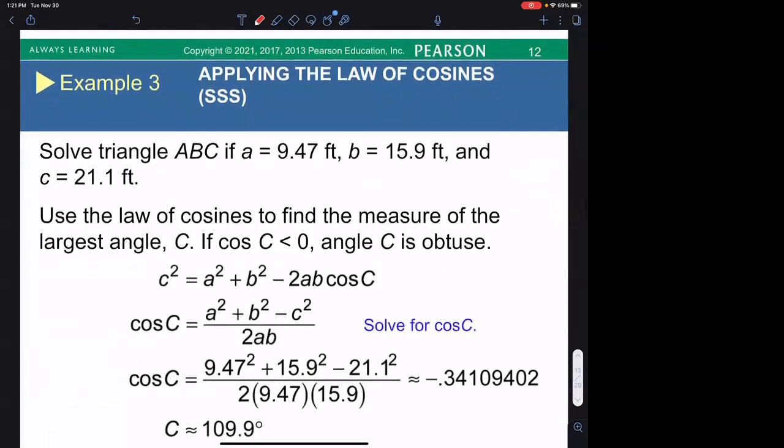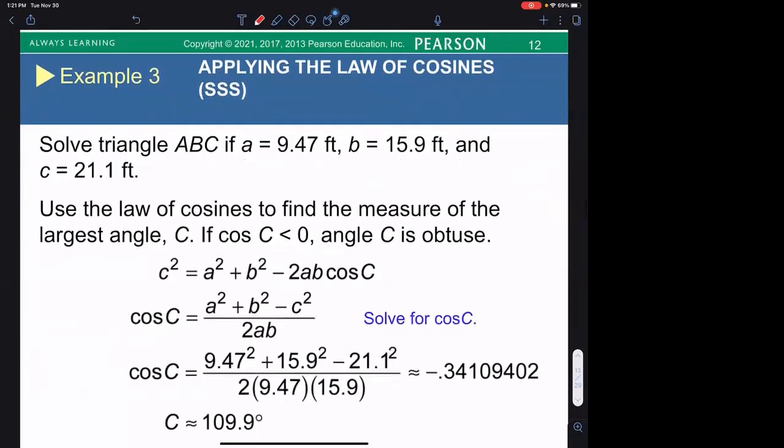All right, so the last one we want to look at is the situation of side, side, side. So now we're just given all 3 sides. So clearly we can't use the law of sines because any of the fractions we would make with the law of sines will have an unknown angle because we don't know any of the angles.